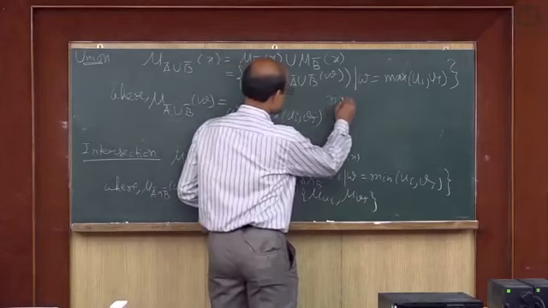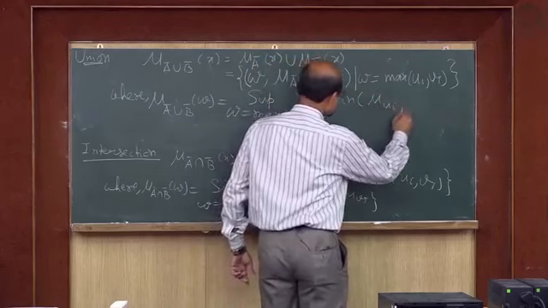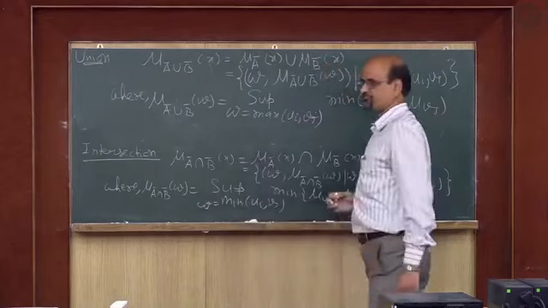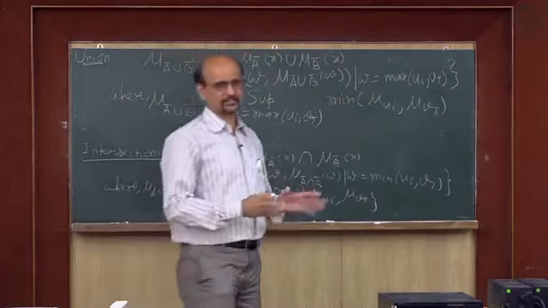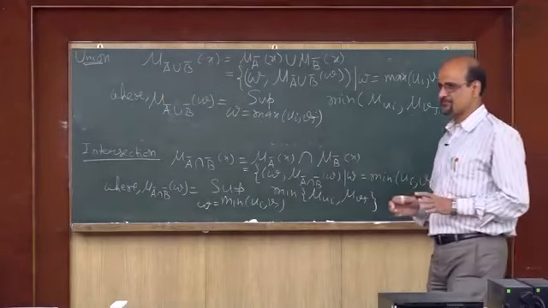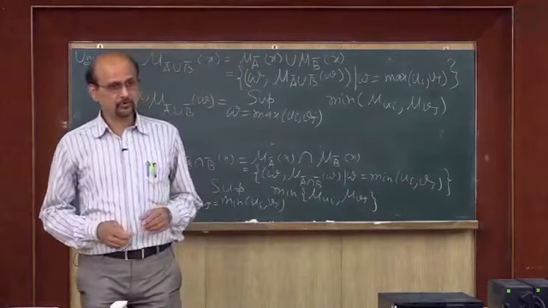Minimum of mu ui, mu vj. So these are the two definitions for the intersection and union respectively. Now, let us take one example of how to find these two operations for type 2 fuzzy sets.